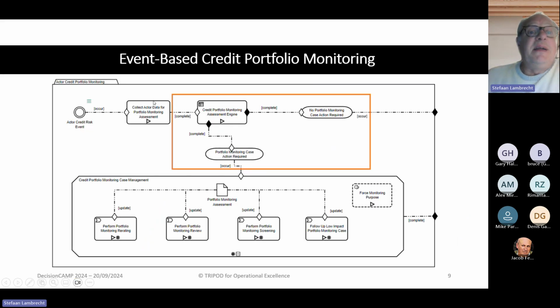So that means that this part is very important. That's collecting all of the actor data. And in fact, what we do there is, as this is a daily process that is run, based upon changes in actor credit risk, potential actor credit risk events, these actors are checked by an event listener, which compares the data of yesterday with the data of today.